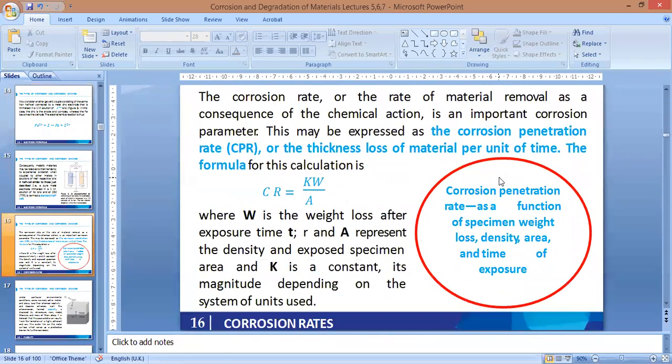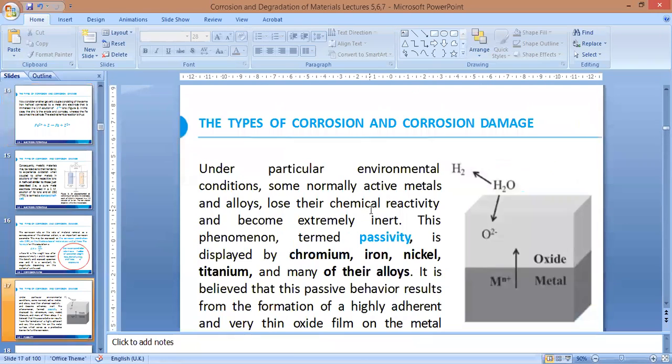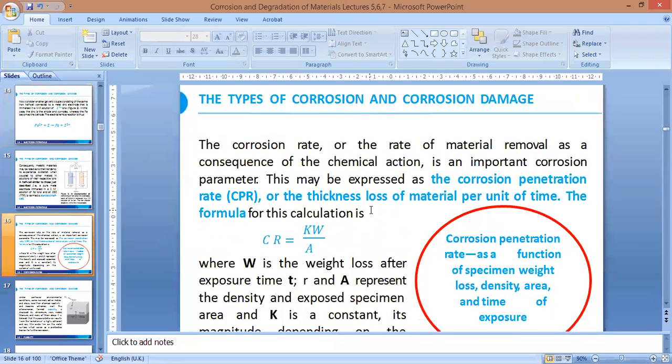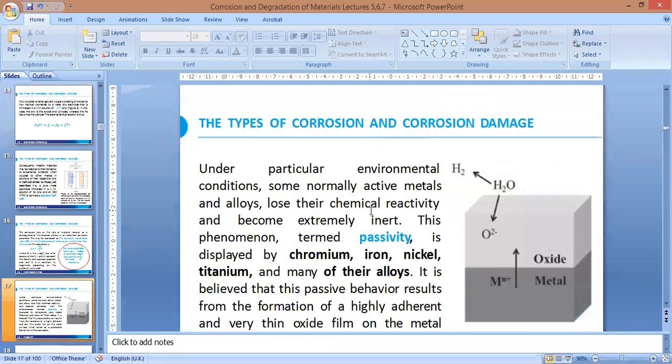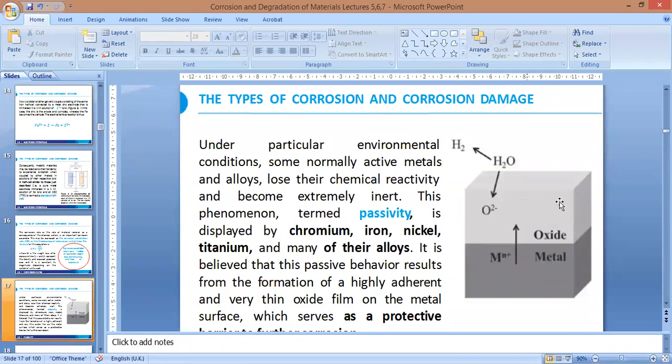I'm just looking for the formula here, the corrosion penetration rate, the CPR. And then we're good to go. I'm sure things like passivity you can't forget. When a question comes, what is passivity? I'm sure most of us are able to explain what it is.